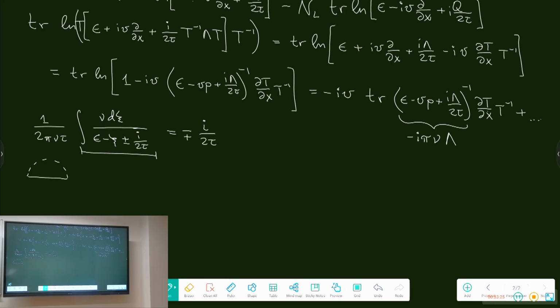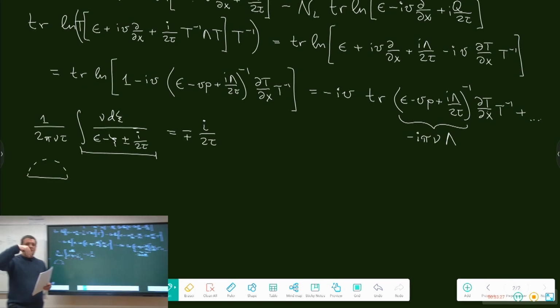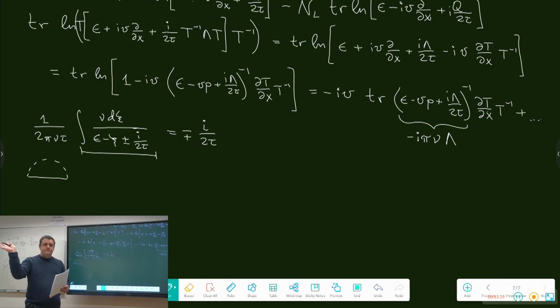And the real part of this integral is discarded. You can say it's 0 because it's an odd function of psi. Yeah, but the real part diverges and it's multiplied. It diverges, but it is 0 at the same time because this is an odd function of psi.